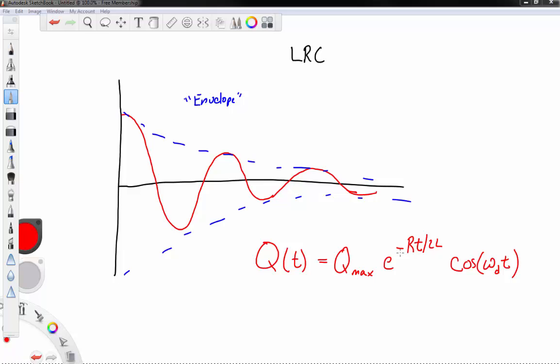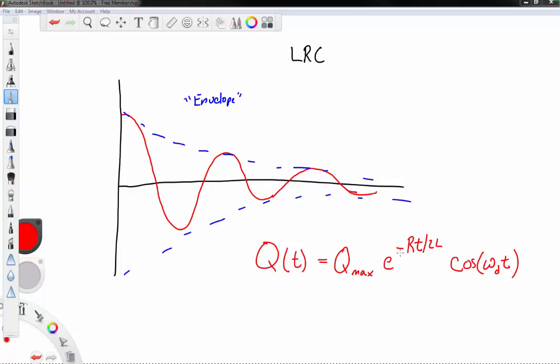L corresponds in this case to the mass in your simple harmonic oscillator. And the capacitance C would correspond more or less to the value k, the spring constant for your spring harmonic oscillator.